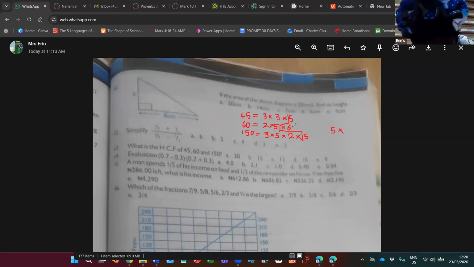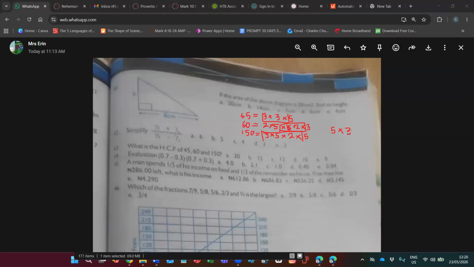So let me cancel this 6 and change it to 2 times 3. So 3 is here, here, and here. That's 5 times 3. So the highest common factor is 15.